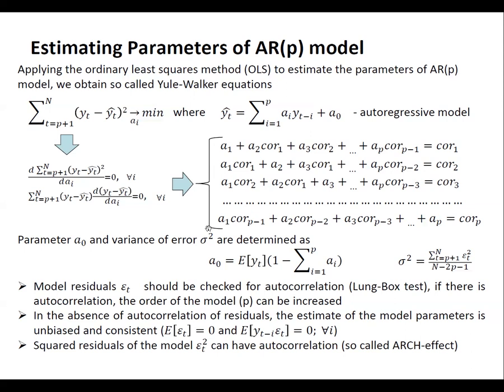It turns out that we have P equations corresponding to the order of the autoregressive model, and it is clear that this system of equations for finding the parameters of the autoregressive model through the least squares determines the coefficients A1, A2, A3, and so on, AP, depending on autocorrelation coefficients.